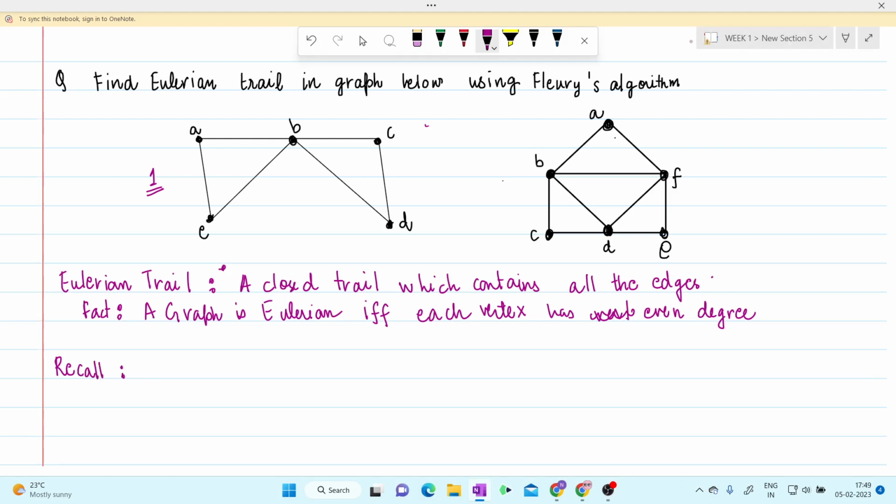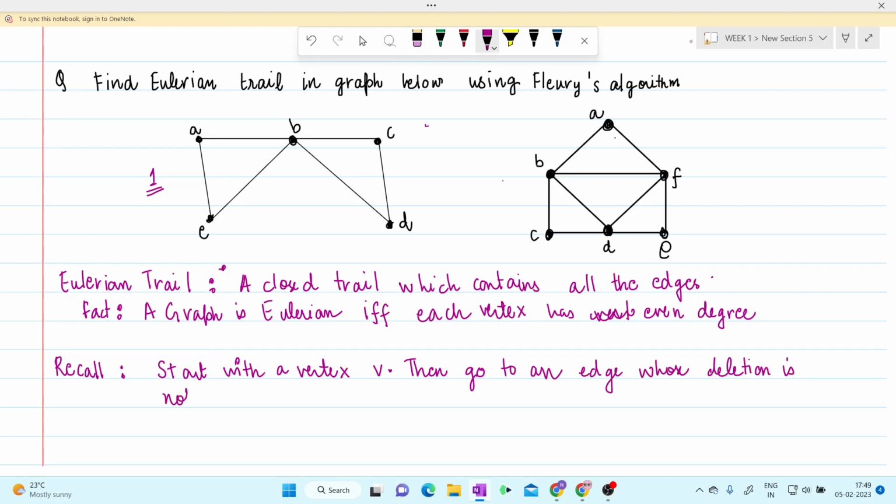First we start with some vertex V, and then go to an edge whose deletion is not increasing the number of connected components.